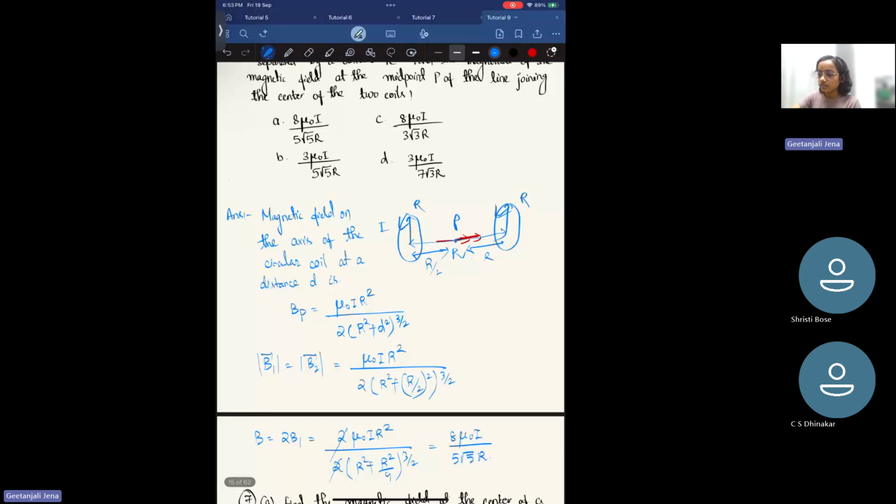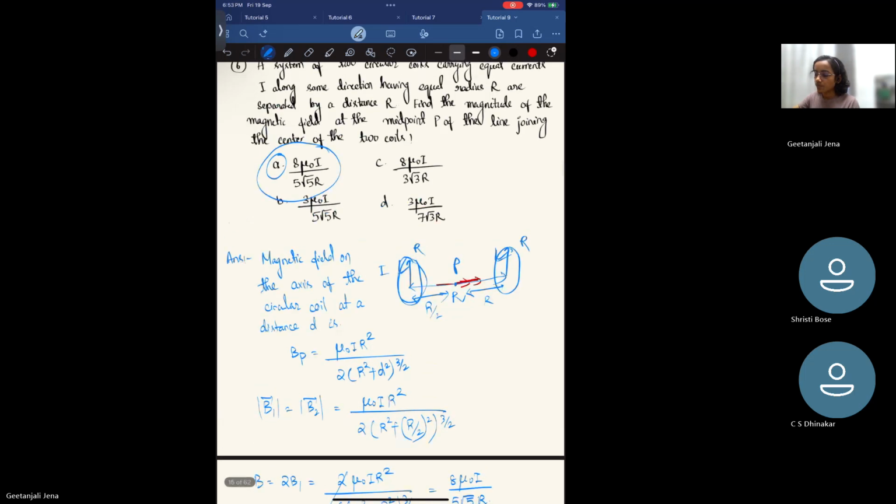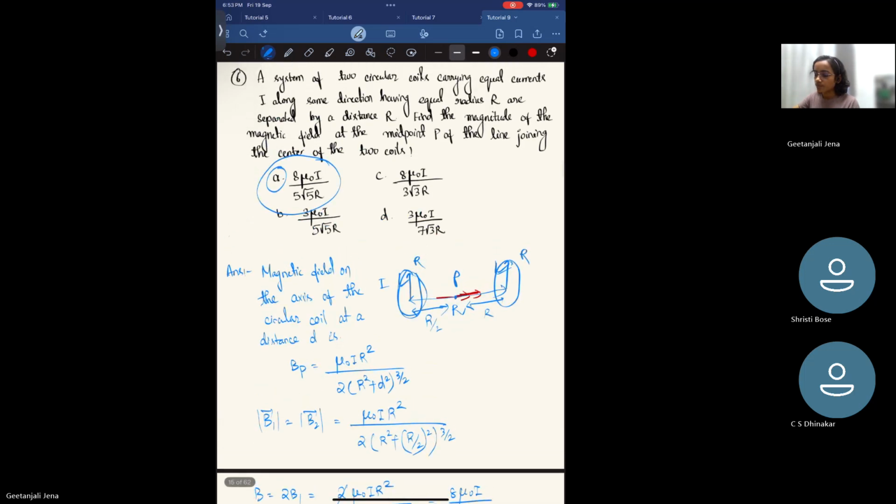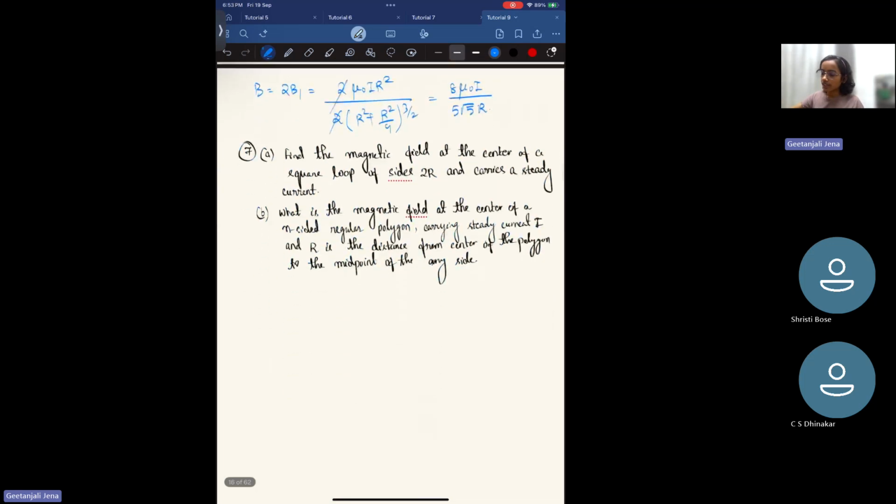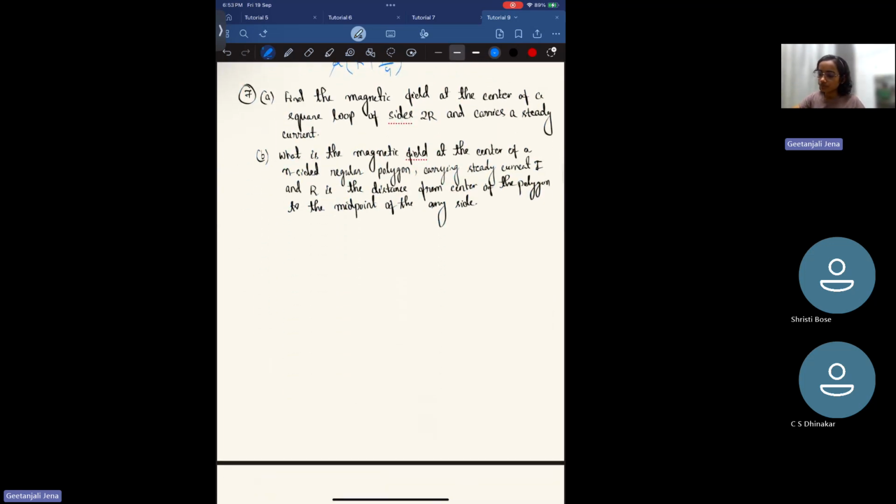Yes, it's option A. Good that we have done the calculation. So this is like a Helmholtz coil. So similar to the Helmholtz coil problem. Okay. So let us move to our next problem.